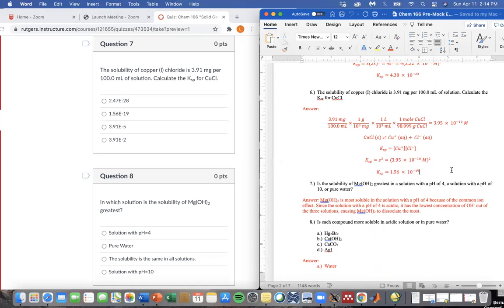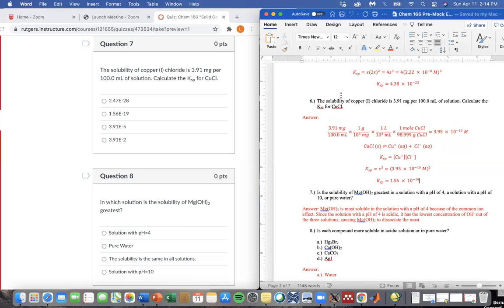For this next question, though, it's a bit more difficult at face value, because the actual calculation isn't so hard. It gives you the solubility of copper 1 chloride as 3.91 milligrams per 100 milliliters of solution, and you're supposed to calculate the KSP.